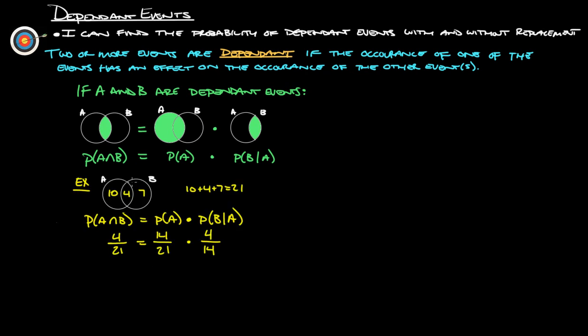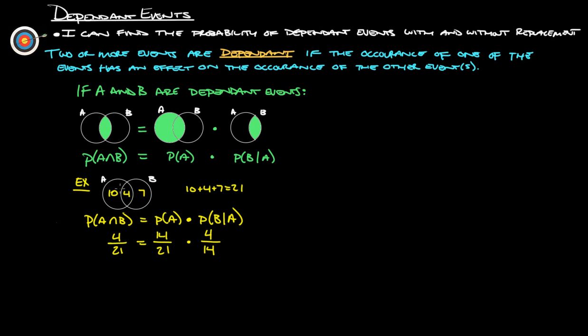So here's an example. Let's say we've got 14 total things in A, and 11 total things in B. The probability of A and B, the thing in the middle, is 4 out of 21.